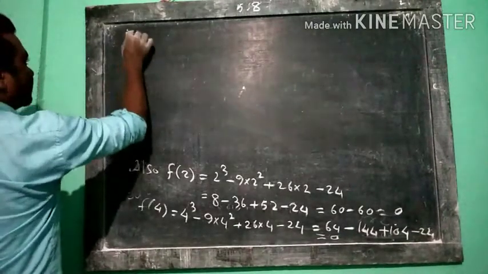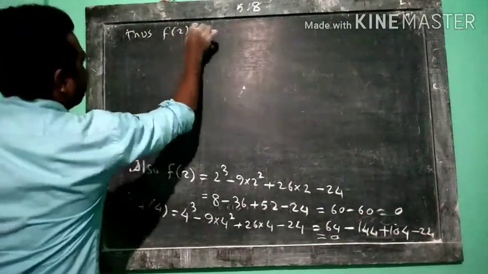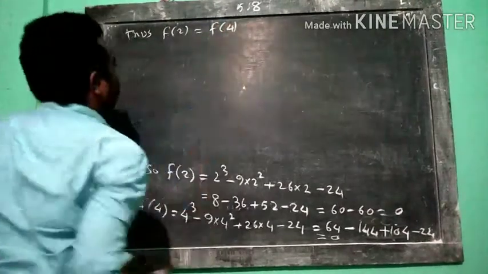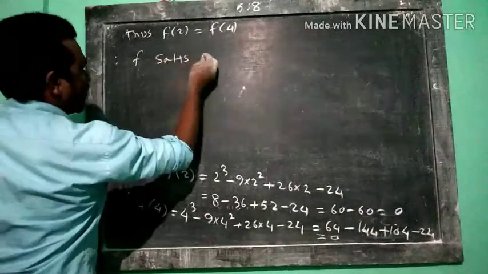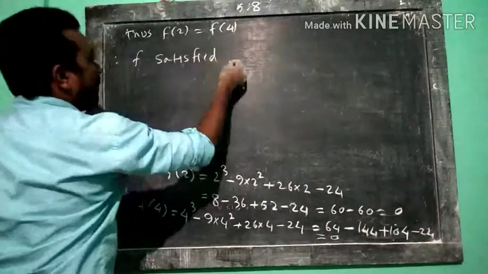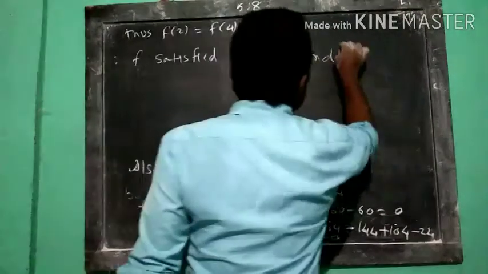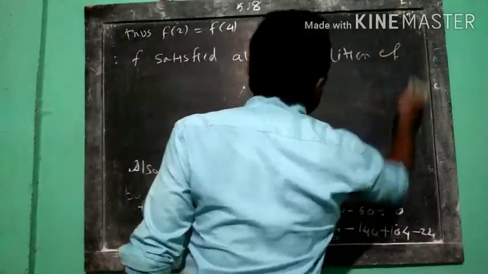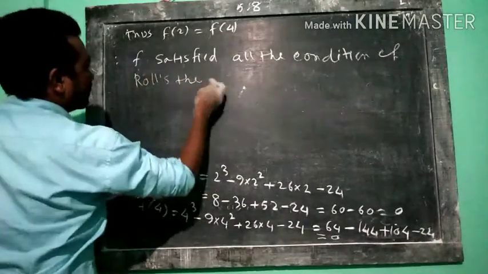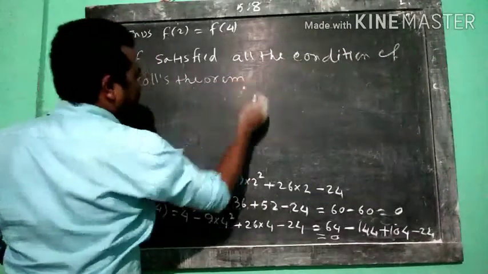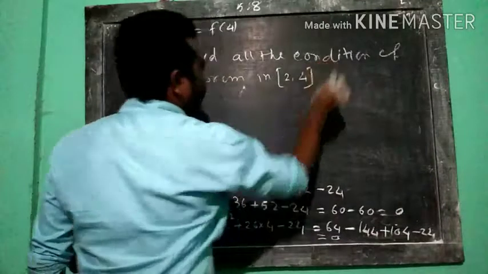Thus we have f of 2 equal to f of 4. Therefore f satisfies all the conditions of Rolle's theorem in the interval 2 comma 4.